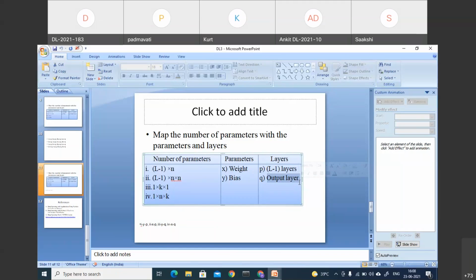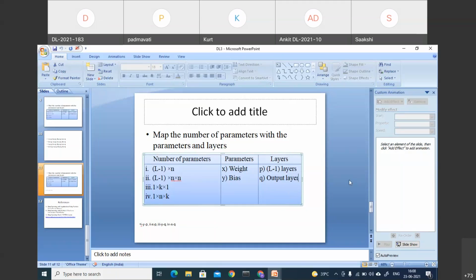Any further doubts? Anyone else having any other doubt? Yeah. Just one question. Why is the output layer the first parameter, like in number 4?